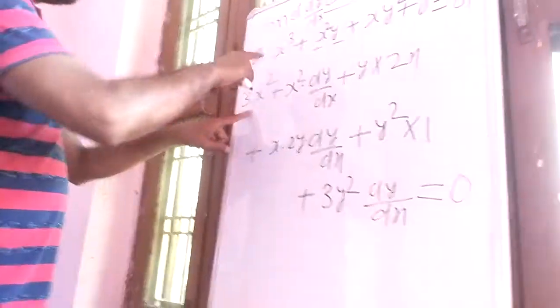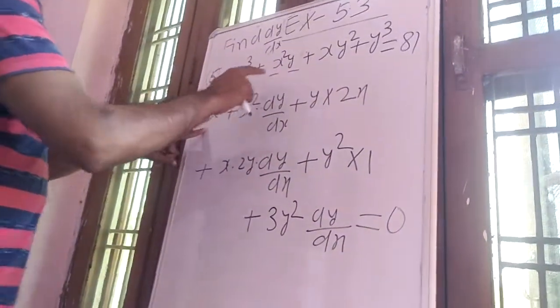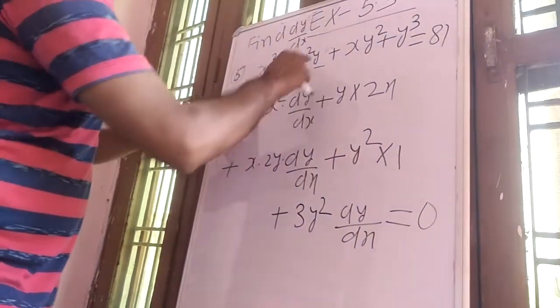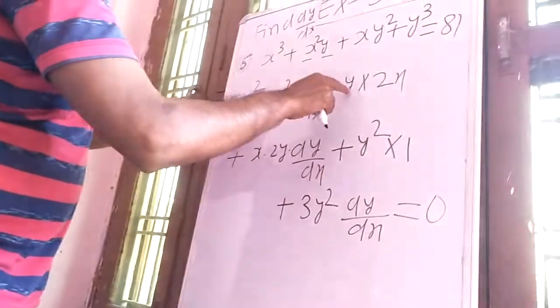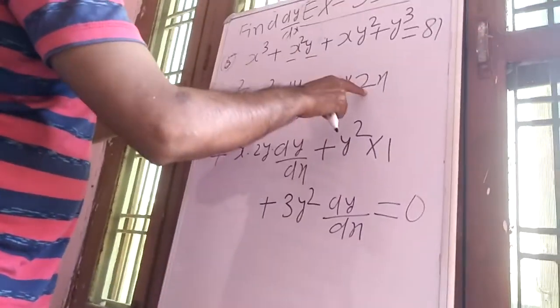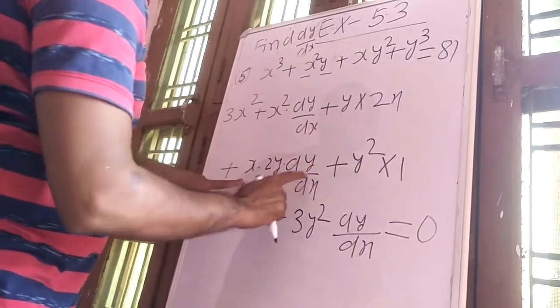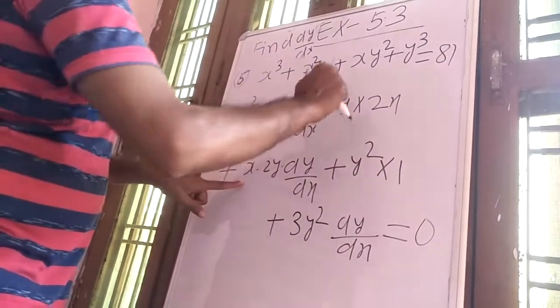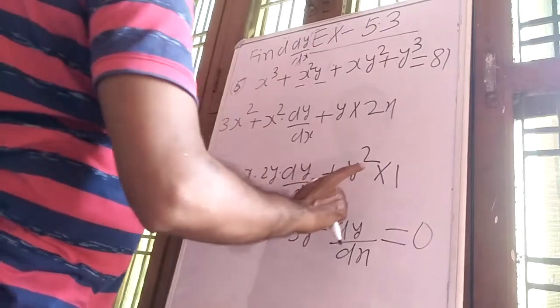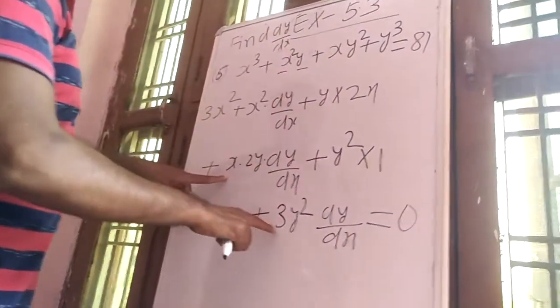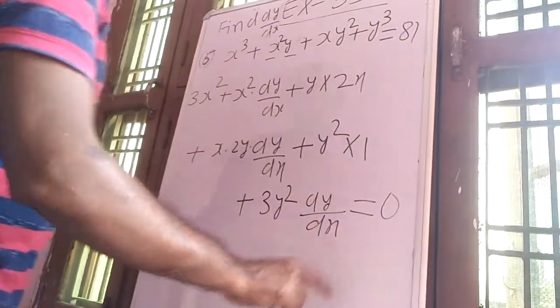First of all we have to check: this is the first term, so 3x square. Second term is uv, so we have x square dy by dx plus y into 2x, is clear. Third term x into 2y dy by dx plus y square into 1, this is clear. Third term is y to the power 3, so 3y square into dy by dx equal to 0.